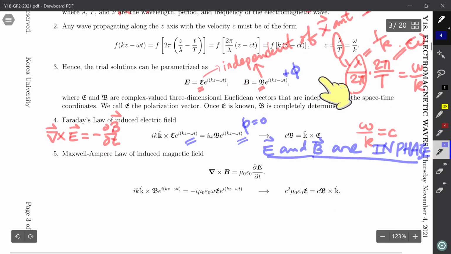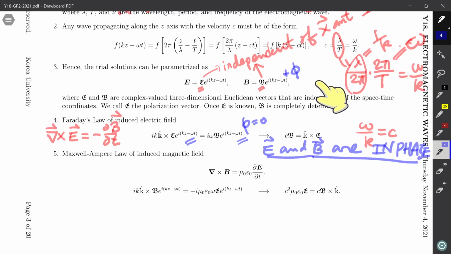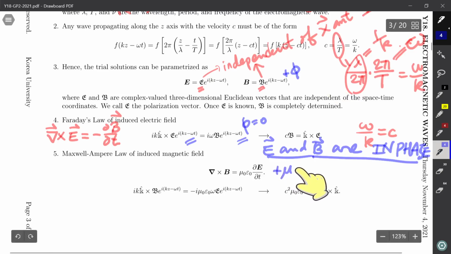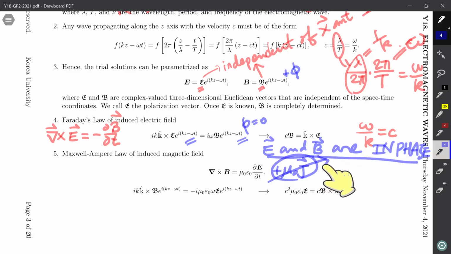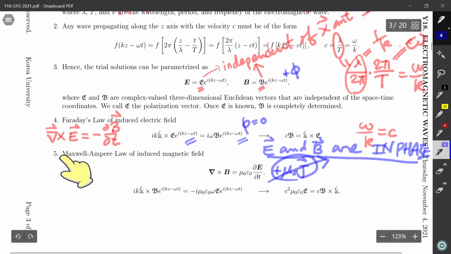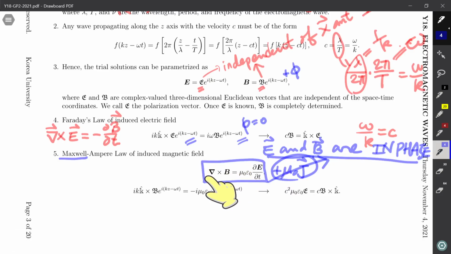Next, we consider Maxwell's law. Ampere's law is mu 0 J, and in vacuum, there is no current, so we consider the displacement current. That is Maxwell's law.